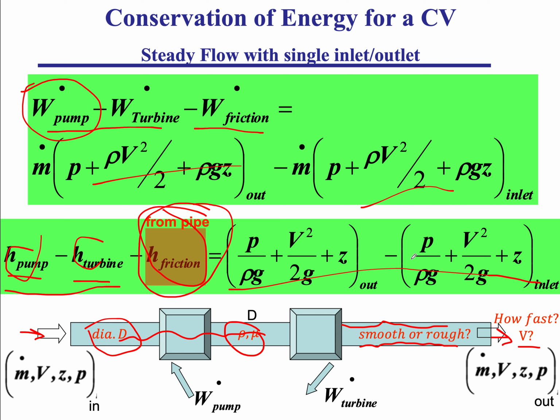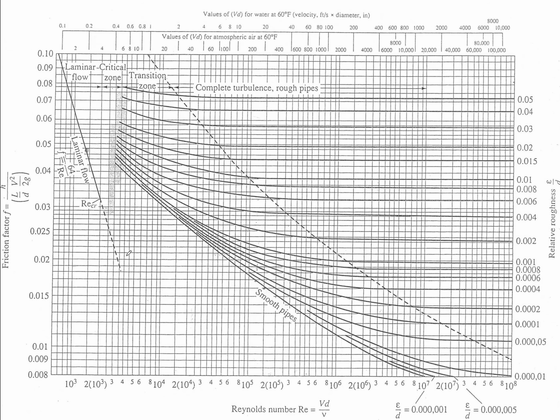So the answer to the question, does the friction loss depend on these factors, we can actually find by looking at this chart. This is called the Moody chart. What it does is plot the friction head loss, the HF, normalized in a certain way, on this axis, against the Reynolds number over here.